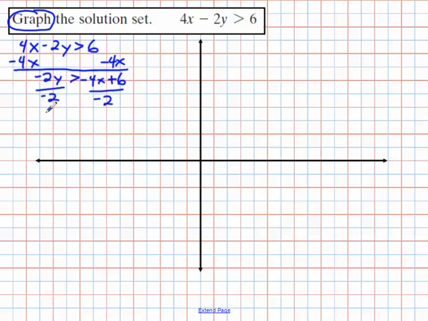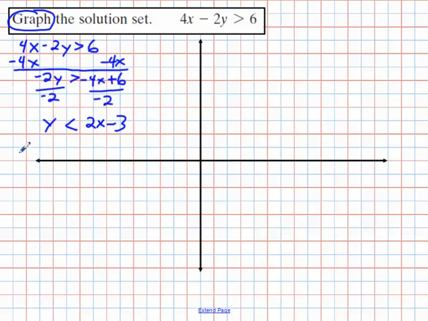Negative 2 divided by negative 2 gives me y, negative 4 divided by negative 2 is positive 2x, and positive 6 divided by negative 2 is negative 3. What I have to do with the inequality is flip it, because when you divide by a negative number, you flip the inequality. When you divide by a negative number, flip the inequality. So instead of greater than, now it's less than. So here's our y is less than 2x minus 3.